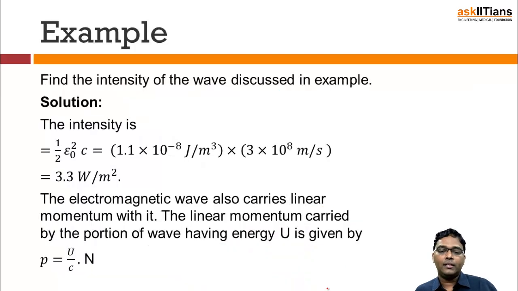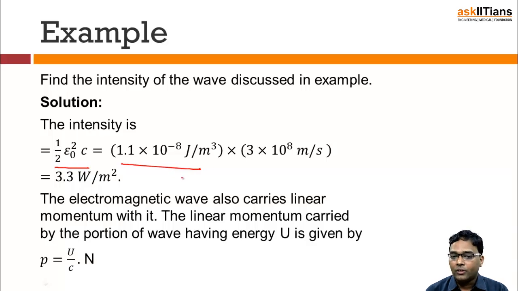Okay, let's go further and try to discuss a question. Find the intensity of the wave discussed in the example. If you just try to do it, the intensity comes out to be equal to this. If you put in all the values, epsilon naught, velocity of light, everything, that gives me the intensity. Now you remember that if you have energy, it is also related as P into c.